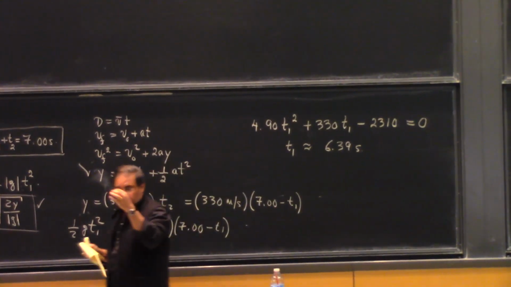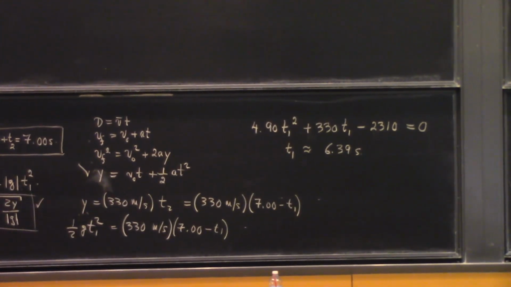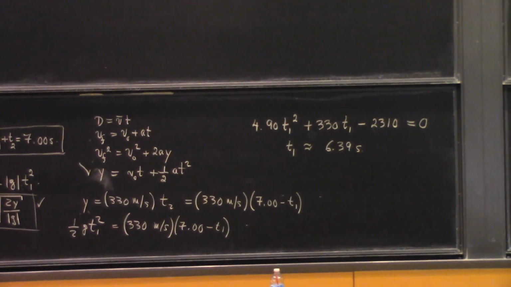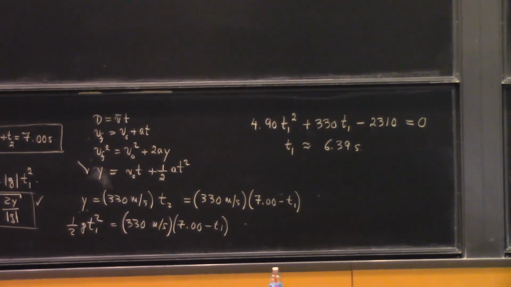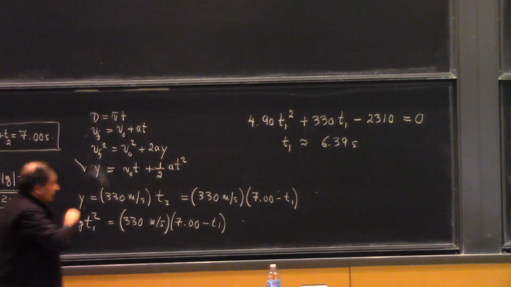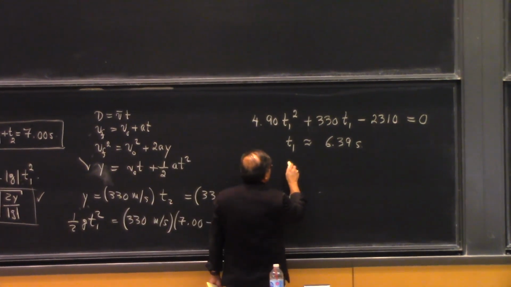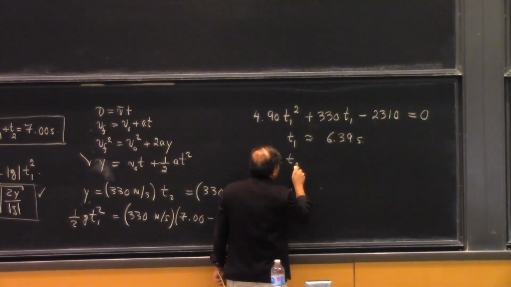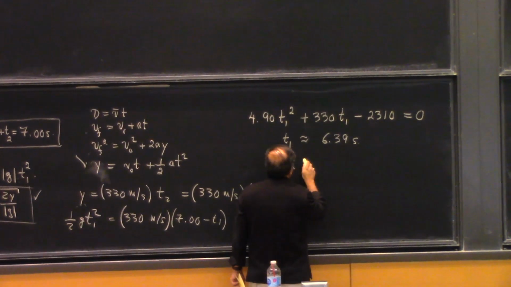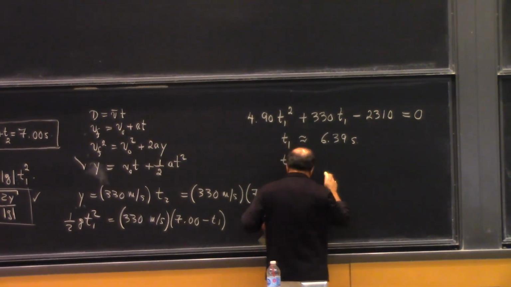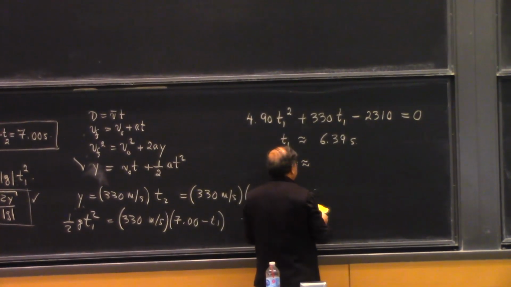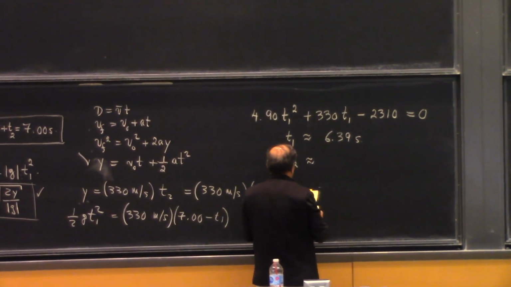So in other words, it takes 6.39 seconds for the ball to leave your hand and actually hit the water level. You already know what t2 is, so t2 is simply going to be 7 minus 6.39, which would be approximately 0.61 seconds.